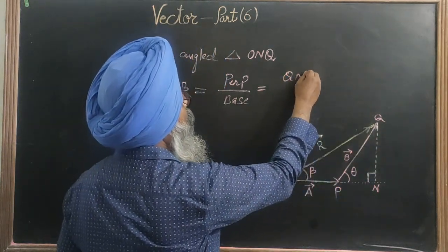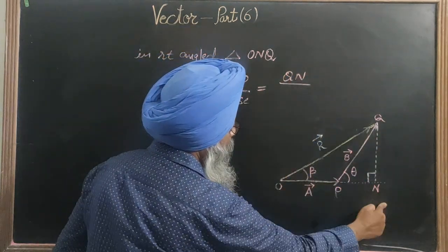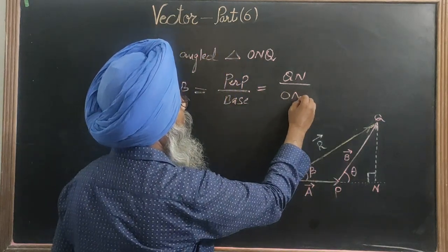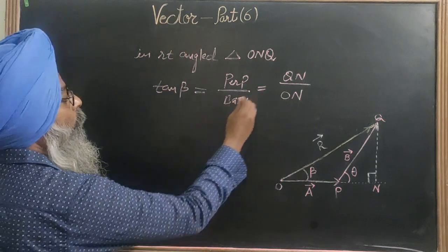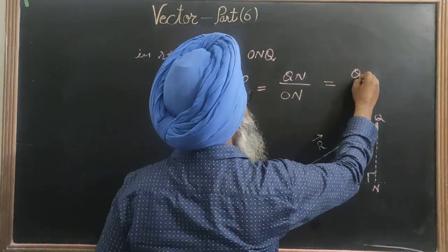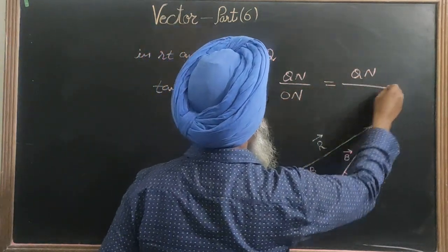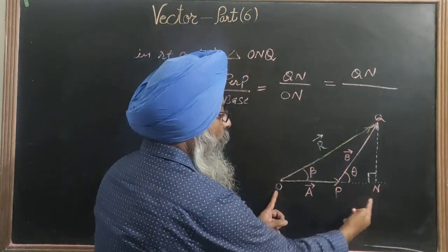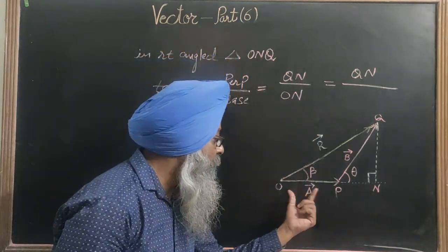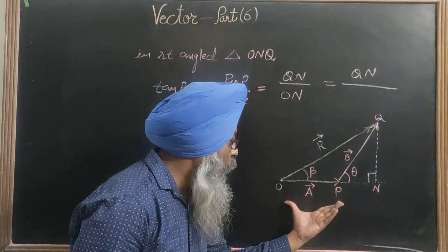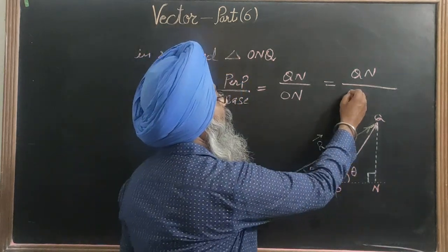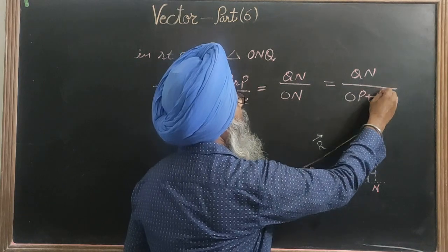It is equal to Qn, and what is the base? It is equal to On. Okay, now you can also write Qn divided by On. On will be divided into two parts, OP plus Pn.